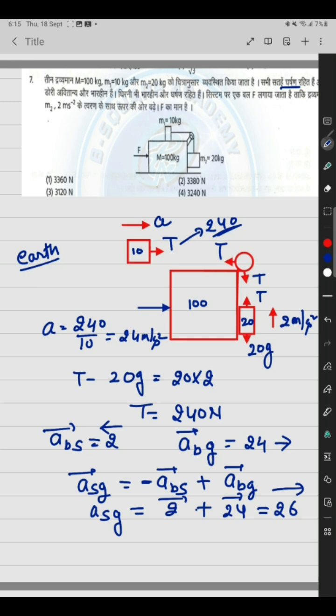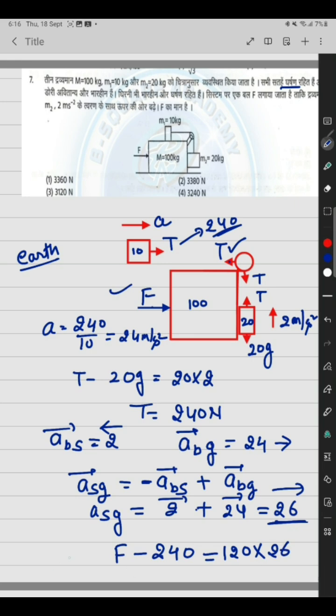That's why the applied force which is required when the whole system is moving with the same acceleration is F minus T. What is the value of T? T is 240, so F minus 240 is equal to the total mass of the system, 120, times the acceleration with respect to ground, 26.